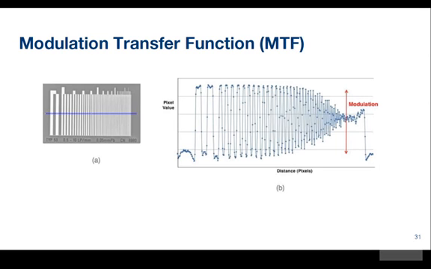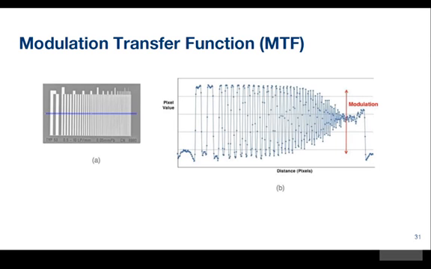We get to a point where the signal intensity, which we can call modulation, if you like, decreases when the line pairs become very dense. And so we can actually calculate this, and it gives us information, because we know that each of these locations corresponds to some spatial frequency in terms of line pairs per millimeter.